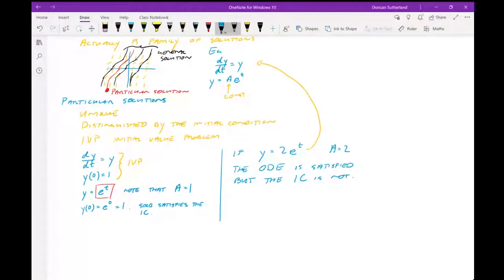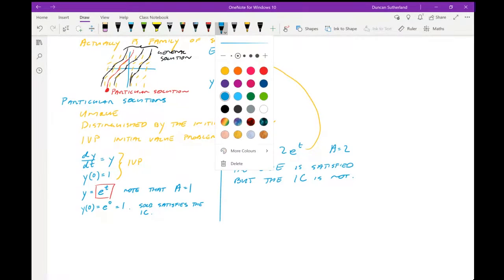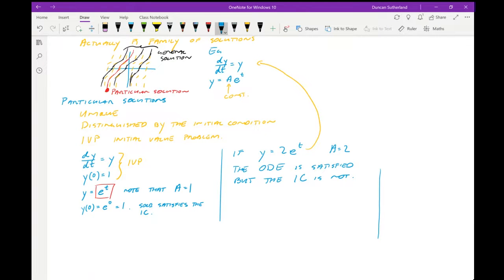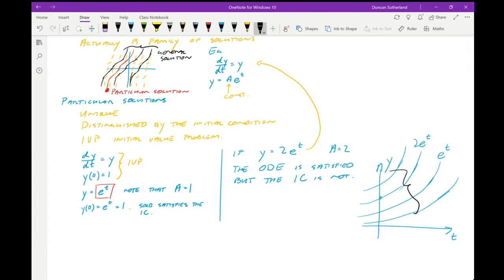So if you want to think about this in terms of a slope field or sketches of families of solutions, on t, y axes, this is the exponential curve e to the t, 2e to the t, etc. Hopefully this shows you that this is the family of general solutions, and each one of these is a particular solution that's determined by the initial conditions.